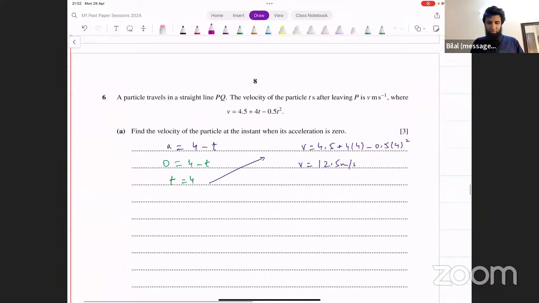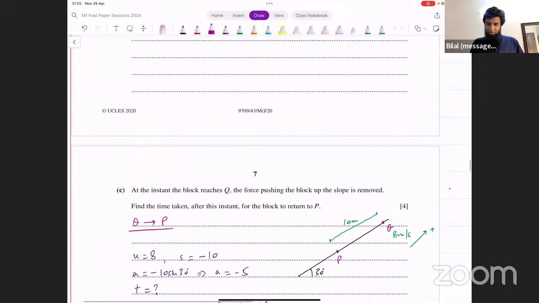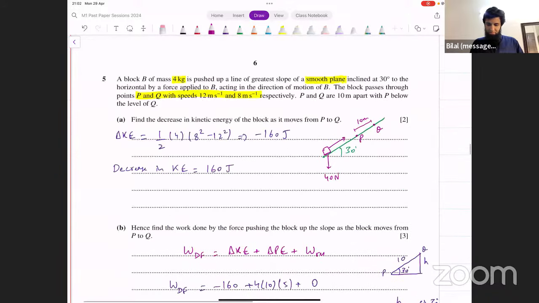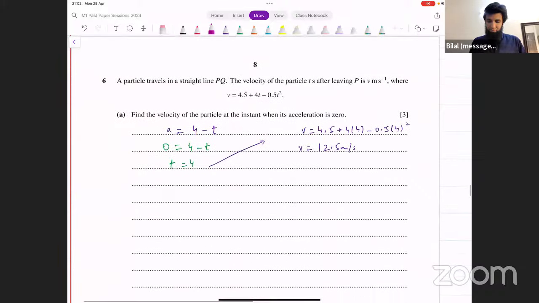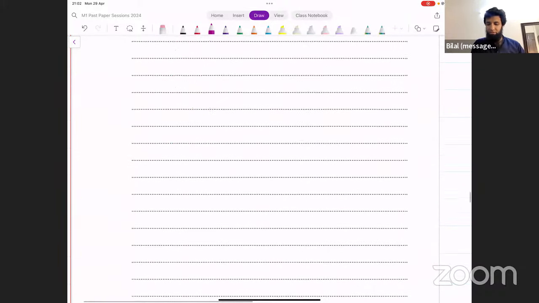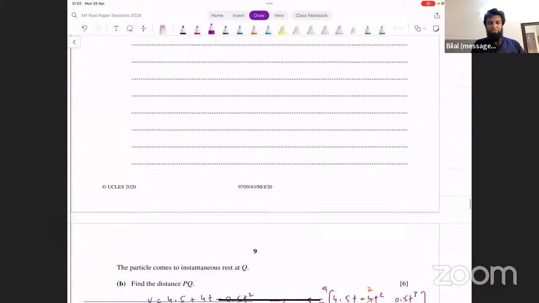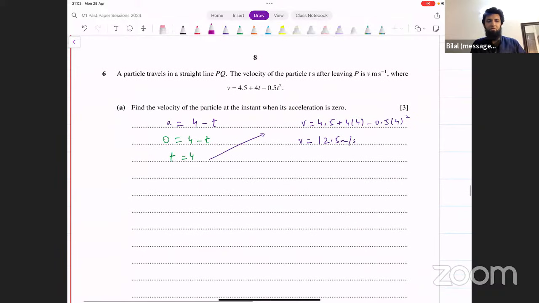And that's it. That was quite straightforward. This whole question number 6 is 9 marks. Both parts were fairly straightforward. Generally, this is a relatively easier question on kinematics, the one in which you have equations.